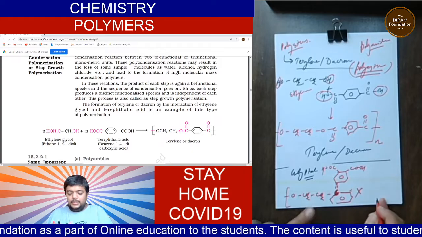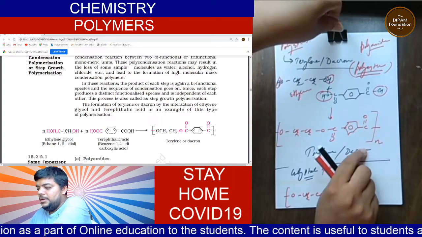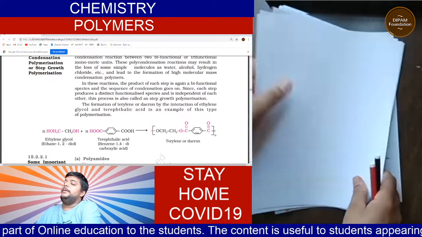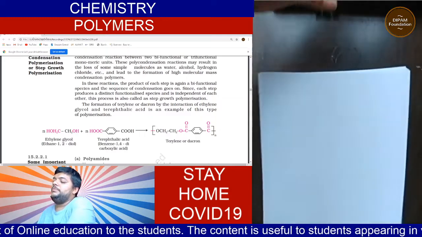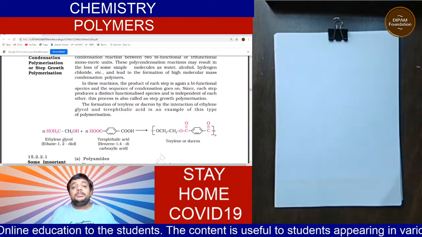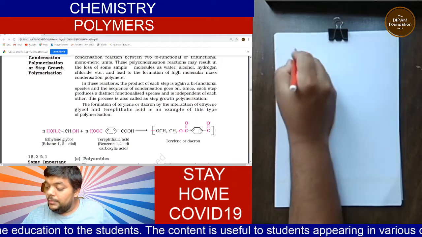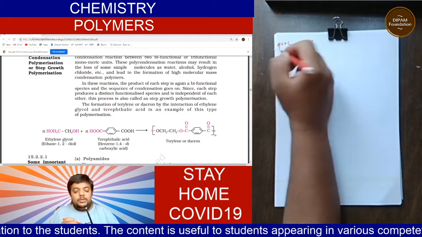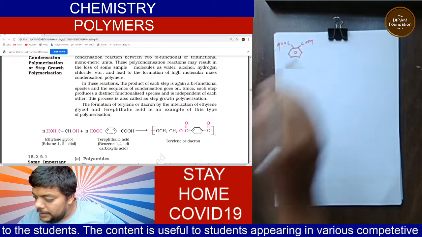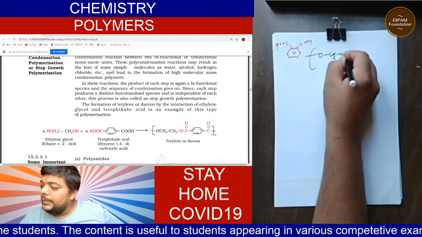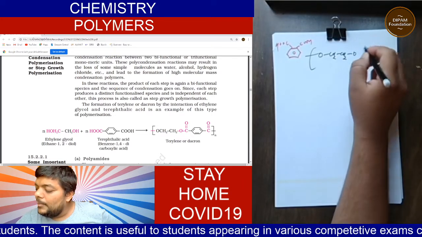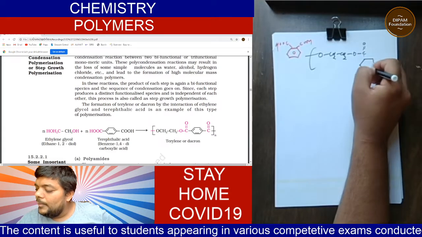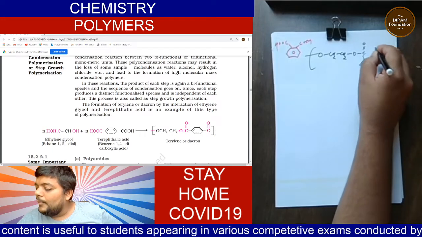Okay, let me write it on the next page itself so it looks much clearer, because it is probably not given over here. You must know it very well. What I told you will change is one of the monomers will shift to benzene 1,2-dioic acid, and therefore it will look like this.